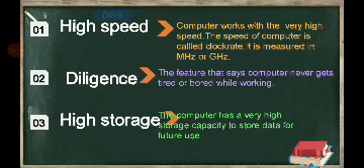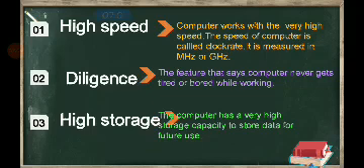And the second one is diligence. Diligence means computer never gets tired or bored while working. That means we human beings may get tired or bored, or may feel sick after working, but computer does not get tired easily, or does not get tired at all.